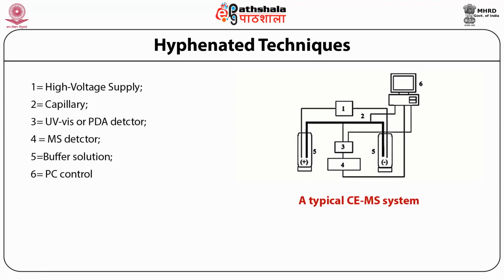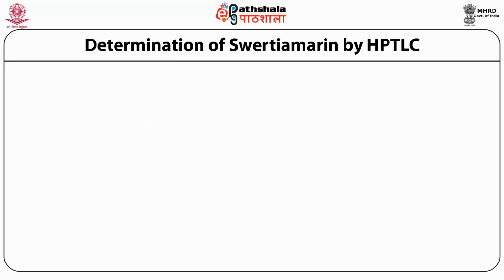Here the capillary system connects to jars across which we apply high voltage. On the basis of their different charge, they get separated through the capillary, and UV-visible and mass are used as detectors. Students, now let's discuss some examples where these hyphenated techniques have been used for the analysis of natural products.